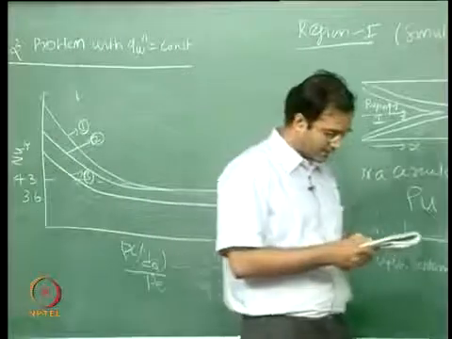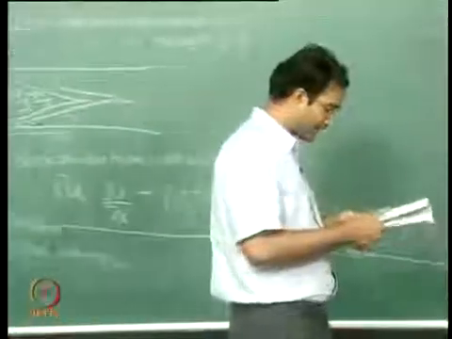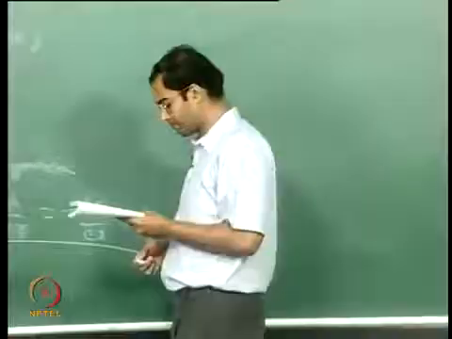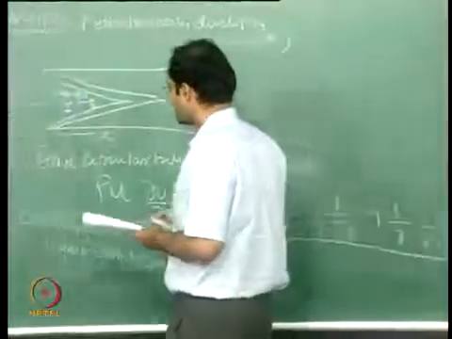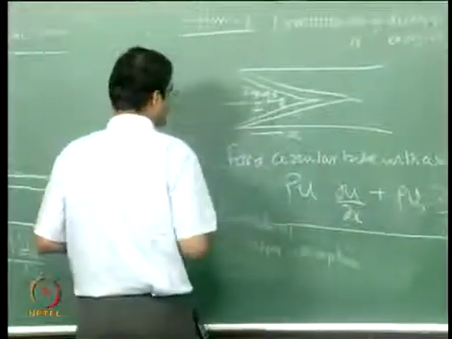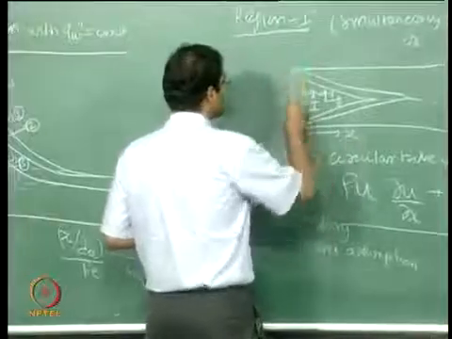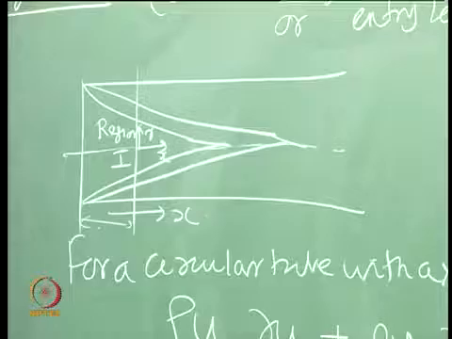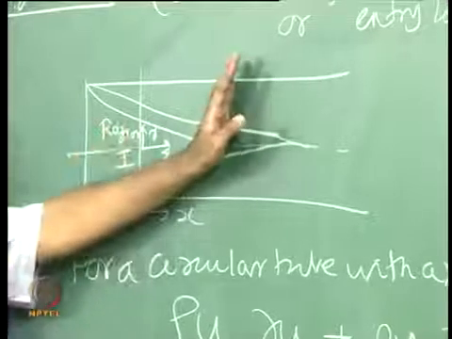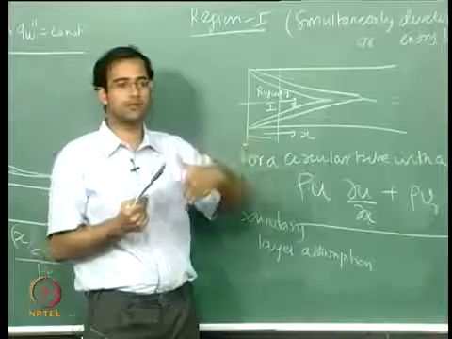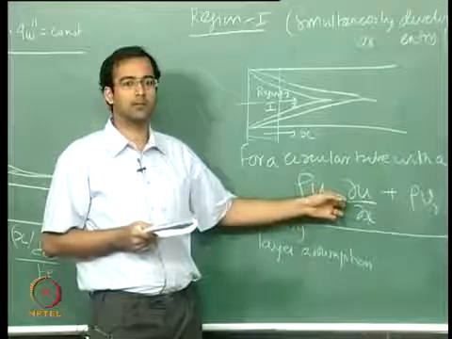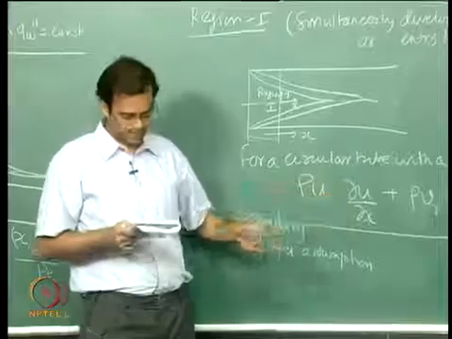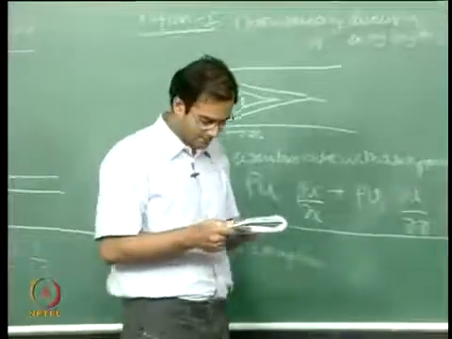But you can still get an approximate solution if you solve this equation for the velocity profile, but this boundary layer assumption is valid only when you are close to the entry length. If you move far away, once the two boundary layers start to merge, then the boundary layer assumption will not be valid anymore. Okay, so this is what comes out of it.